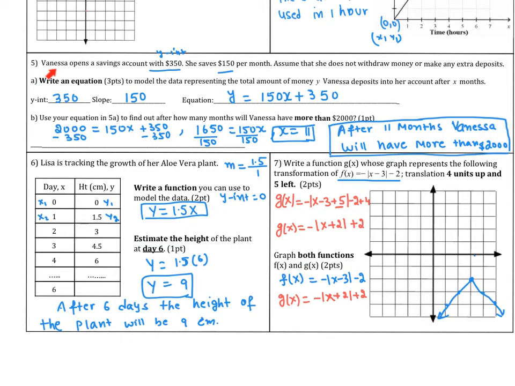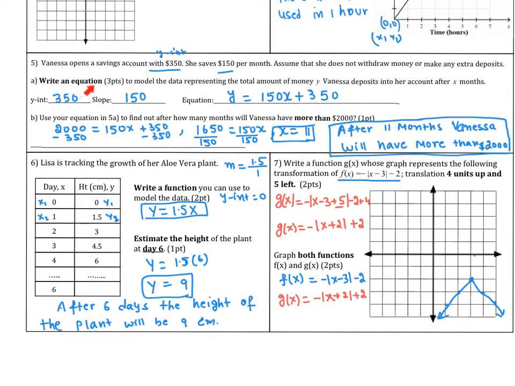For number 5, Vanessa opens a savings account with $350. She saves $150 per month. So the fixed amount is called the y-intercept, and we're going to use it for the y-intercept. And the changing one, we are going to use as the slope. So we are going to write down the equation and assume that she does not withdraw money or make any extra deposits.